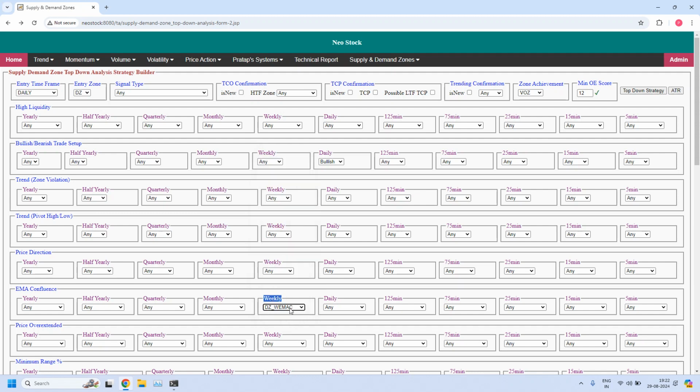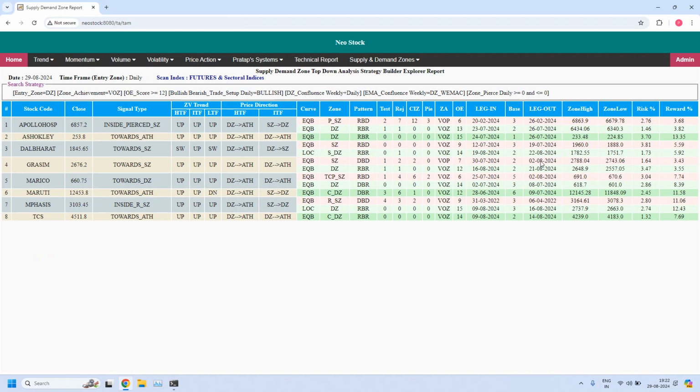Weekly demand zone with weekly EMA confluence we selected. Out of 13, how many will we filter? Let's verify. Now 8 stocks. So these 8 stocks are supporting bullish trade setup, and also these 8 stocks are having zone confluence with weekly zone, and also all the weekly zones are having weekly EMA confluence.